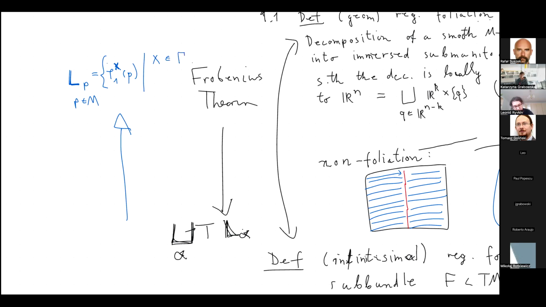For things to work properly, one has two choices. I will allow time-dependent vector fields. So x is actually a map from R times M to F, not just from M to F.